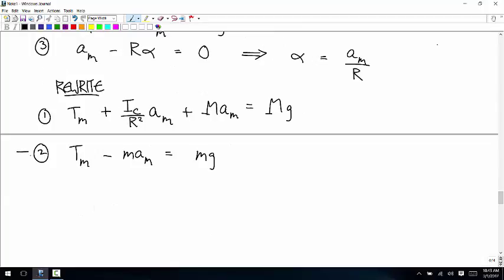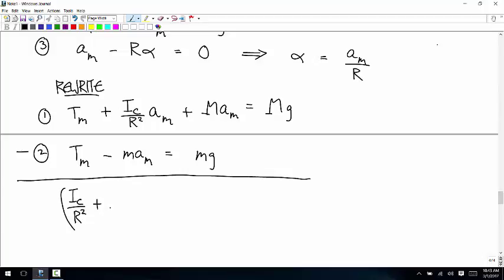And now I'll subtract these two. And you get the quantity I sub c over r squared plus big M plus little m times a little m is equal to the quantity big M minus little m g.